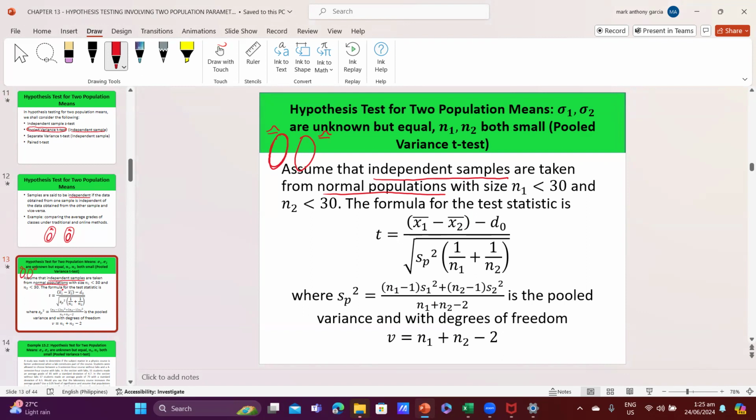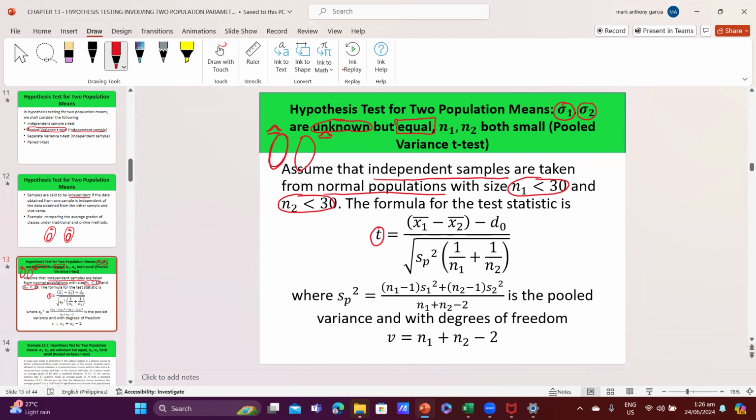Now, in this case, the population standard deviations of the first and the second group are unknown, but they are assumed to be equal. Which means that the widths of the normal curves from the two populations are the same. We also require that our sample sizes are both less than 30. This case uses the t-distribution, which you already encountered in the previous lessons in statistics.